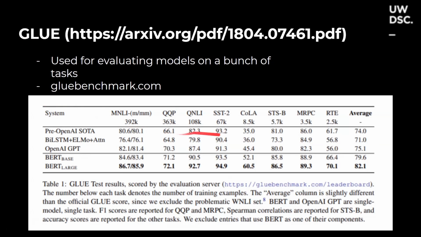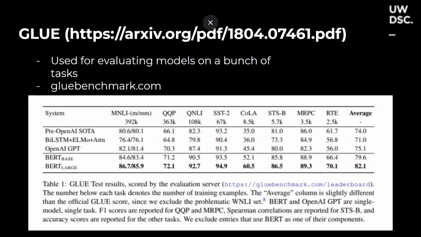It's called GLUE. It basically just takes the model and trains it on a lot of different tasks and then averages out the score. And I think if you go to this website, you would see the different tasks and also, I guess, the leaderboard.